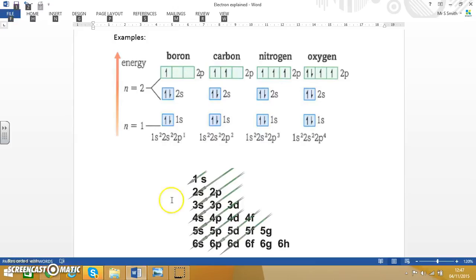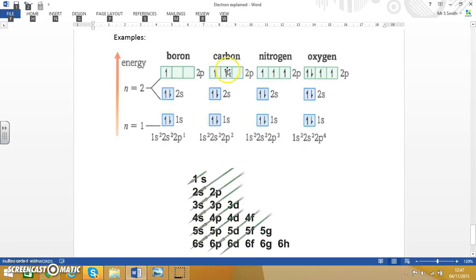Following the same rules with carbon, carbon has atomic number 6, therefore it has 6 protons and 6 electrons in its neutral atom. We can see we place 2 in the 1s subshell, 2 in the 2s subshell, and we're left with 2 over. But in this case, look at how we draw them. We place 1 electron in the first p dimension. We place the second electron in the second p dimension.